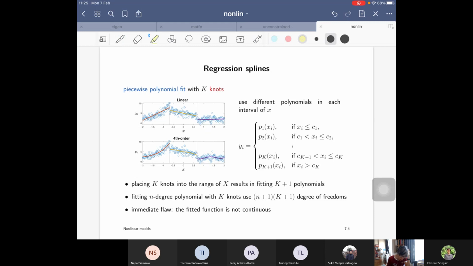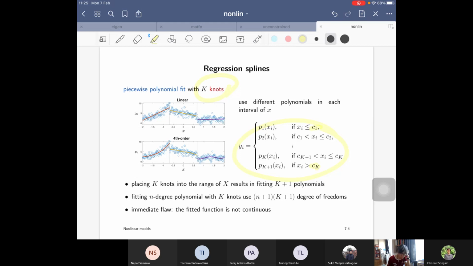So mathematically, it basically means you have k knots, C1 to Ck. These are breakpoints. How many polynomials will you fit? Three, right? Oh, k knots. Suppose in general you have k knots, which means you have k plus 1 regions.